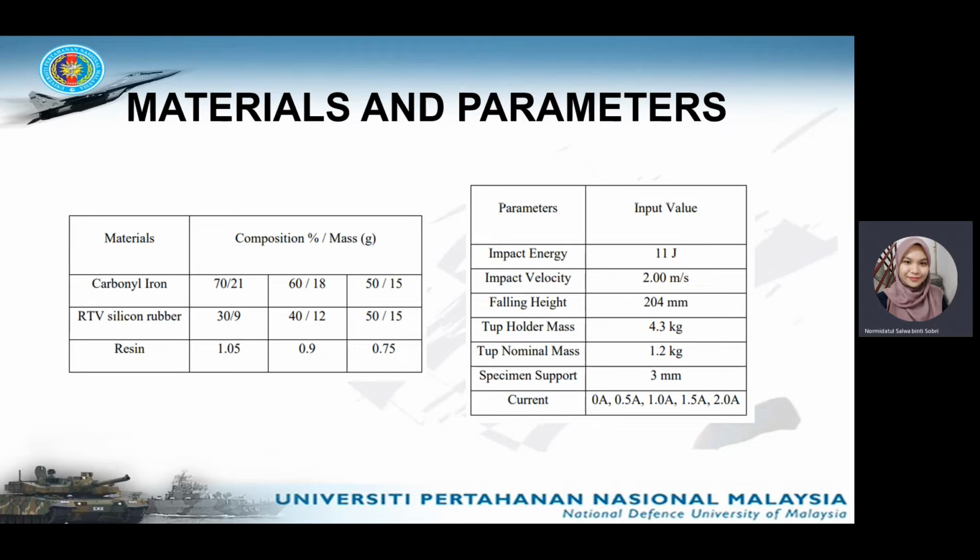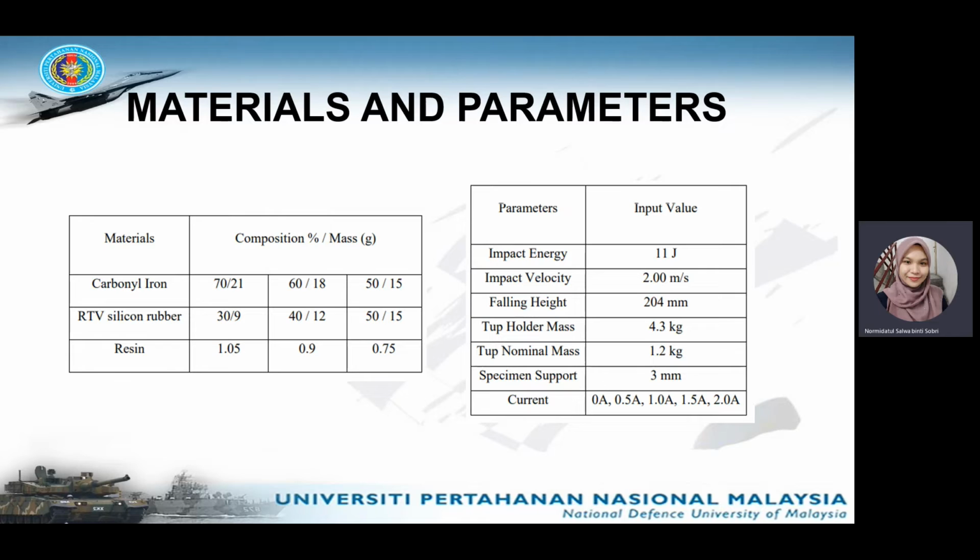So these are the materials and the parameters that I will be using in my study. The material for the ferrous particle is carbonyl iron particle, which I will be using at 70%, 60%, and 50%. The rubber that I use is RTV silicone rubber, and the binder that I will be using is resin.